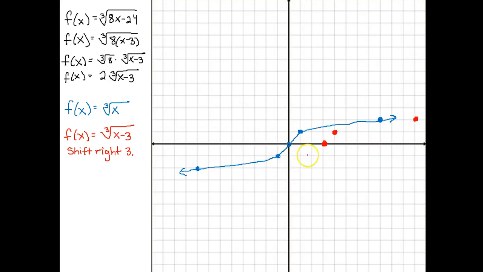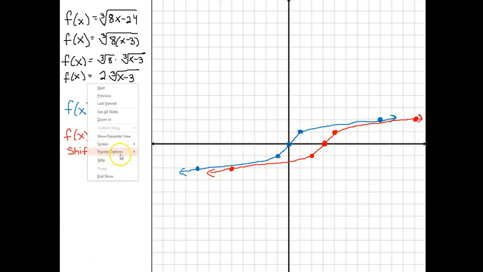This point, 1, 2, 3 to the right. And this point, 1, 2, 3 to the right. Okay, and then finally in black, we'll vertically stretch by that factor of 2.